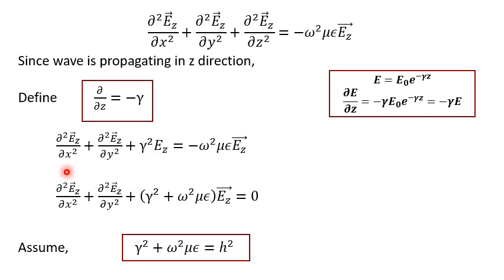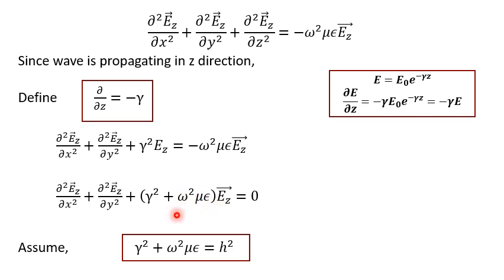Now we get an expression as dou square Ez by dou x square plus dou square Ez by dou y square plus gamma square Ez is equal to minus omega square mu epsilon into Ez. If I take the components of the electric field along the z direction together, you will get gamma square plus omega square mu epsilon into Ez.